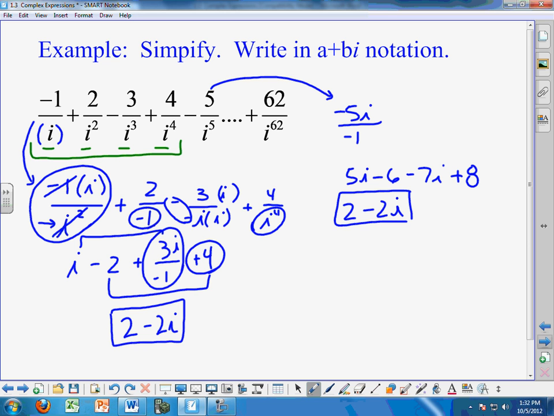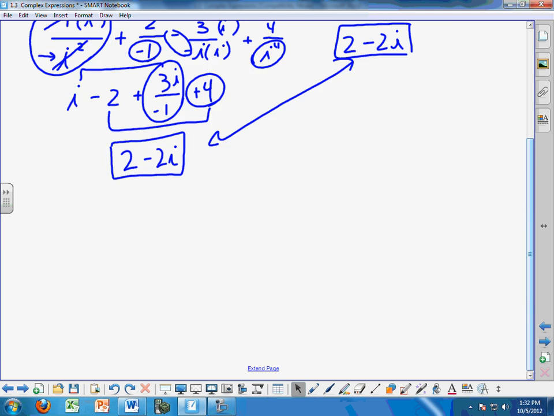And the question, of course, now is, well, how long will we get these 2 minus 2i's? Well, this goes all the way to 62, which is not divisible by 4. But if we move this down a bit, let's see if we can work this out. We're going to have 1 through 4, and then 5 through 8. And so all these are going to be divisible, and so 60 is the number we're looking for, because 60 is the one that we're looking to divide.